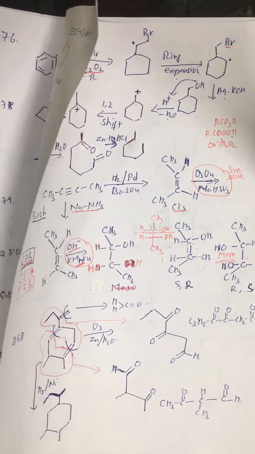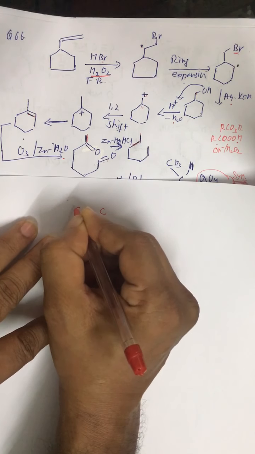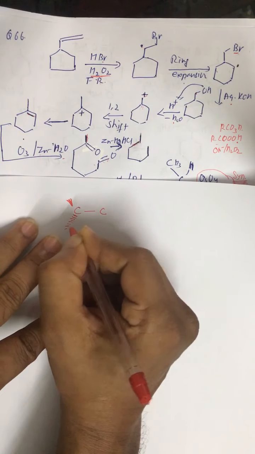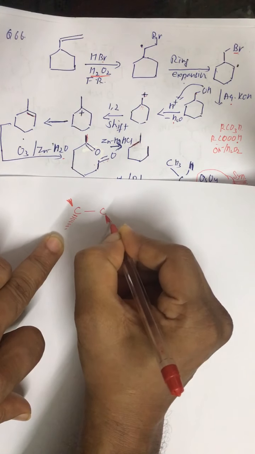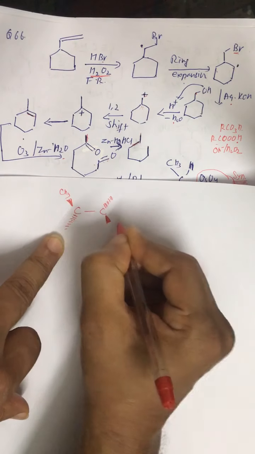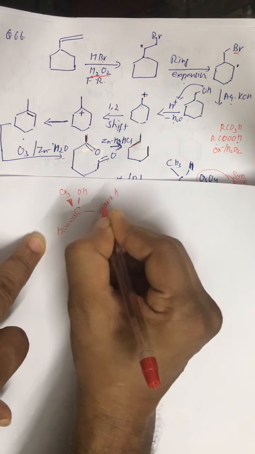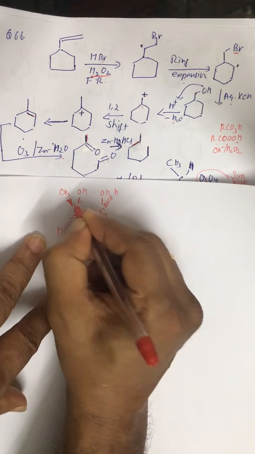Look at the structure. If it is trans, I'll take a break, I suppose, because the video becomes very heavy. That is the problem. This is CH3, H and H, and OH is getting added from the same side. So this is 1, 2, 3.